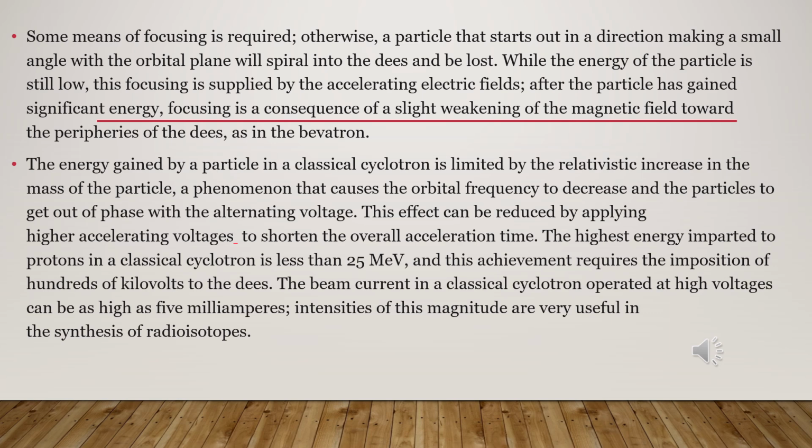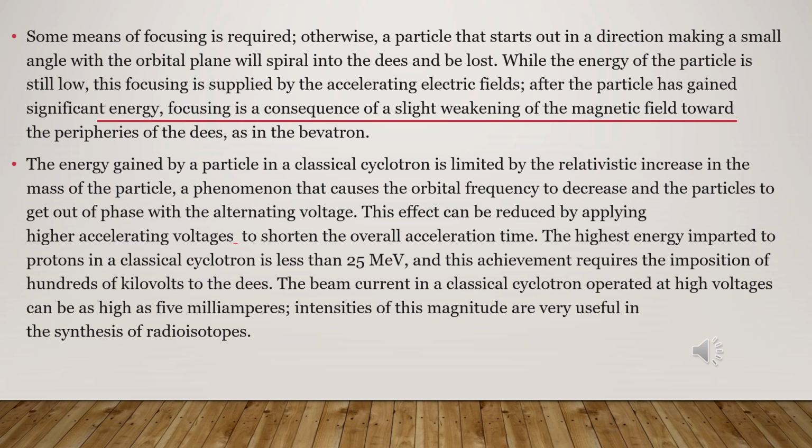In some cyclotrons, a slight weakening of the magnetic field toward the periphery of the Ds is used, as in the betatron. The energy gained by a particle in a classical cyclotron is limited by the relativistic increase in the mass of the particle, a phenomenon that causes the orbital frequency to decrease and the particles to get out of phase with the alternating voltage.